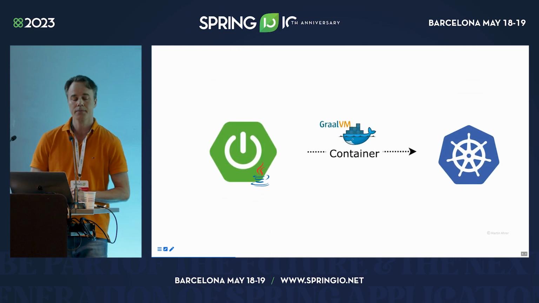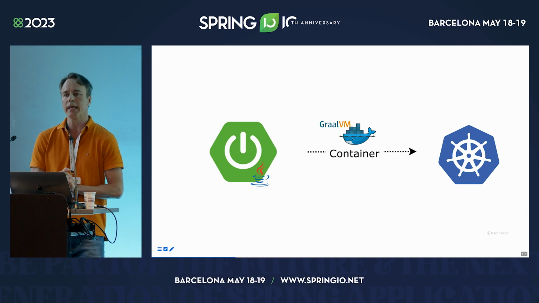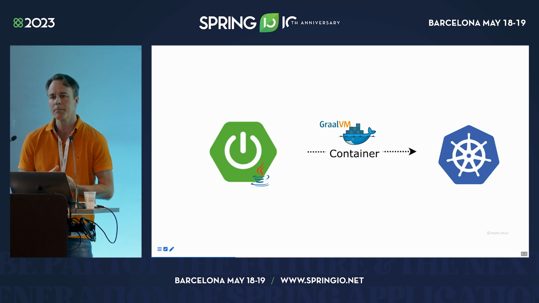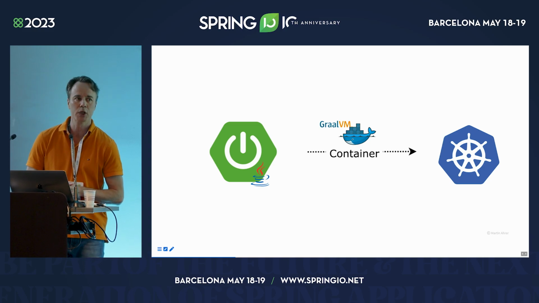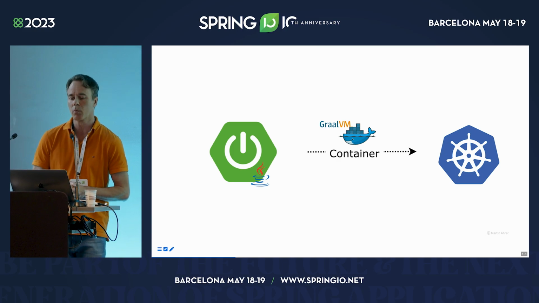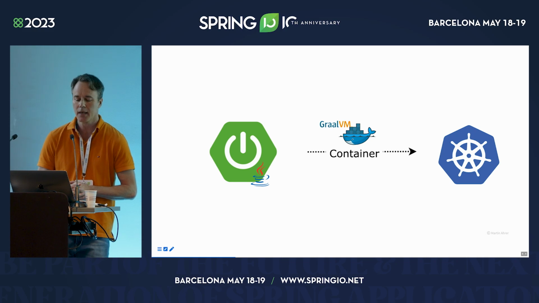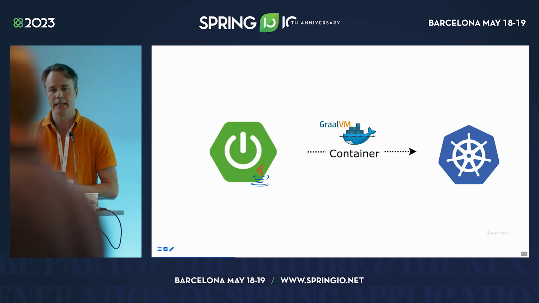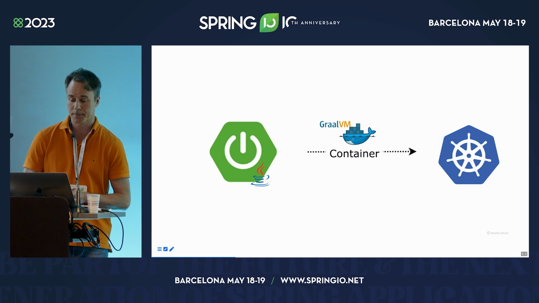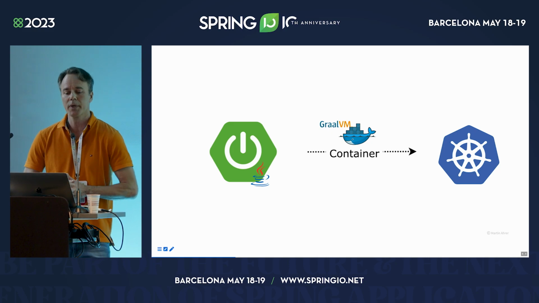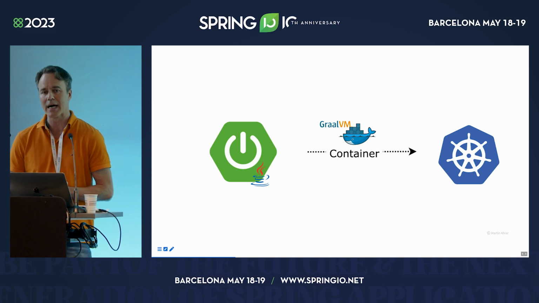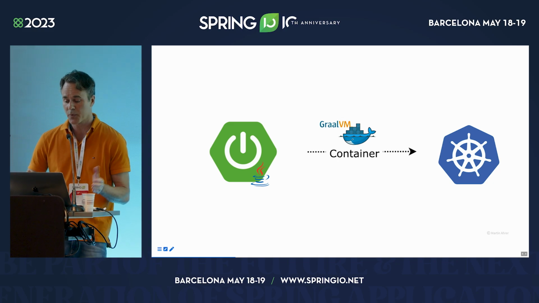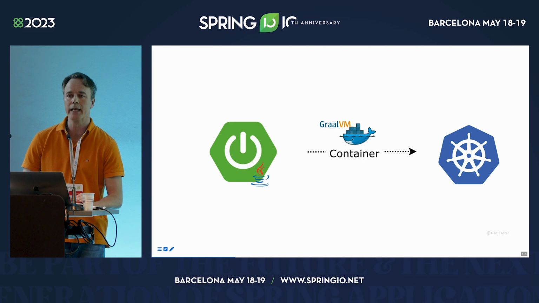And then very recently, Spring Boot gave us the support for GraalVM, so we actually could build a native image from our Spring Boot application, but still, since we wanted to deploy that to Kubernetes, we again packaged that as a container image. So whatever we are doing, we just try to package everything up as a container so we could run it in Kubernetes, which happens to be the most powerful and probably most popular workload orchestrator.